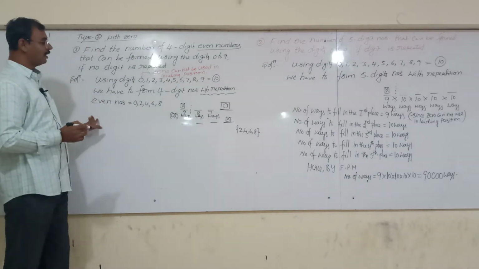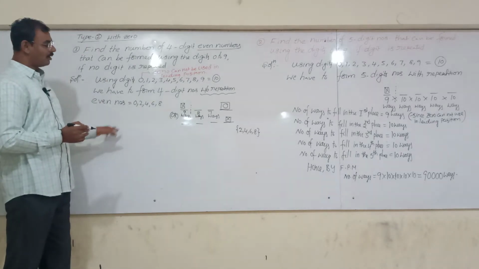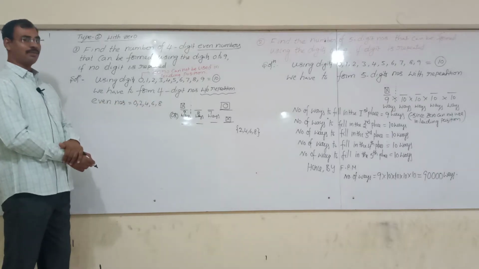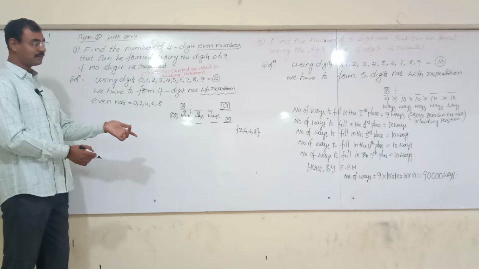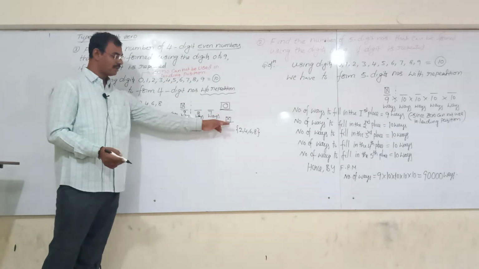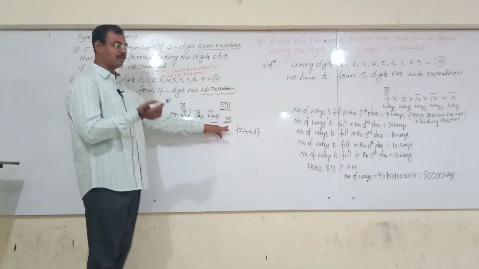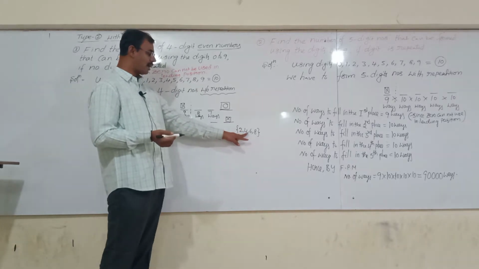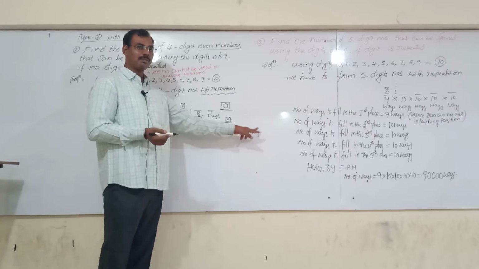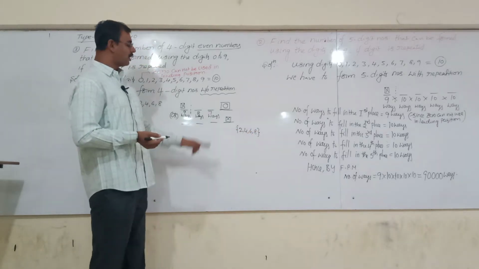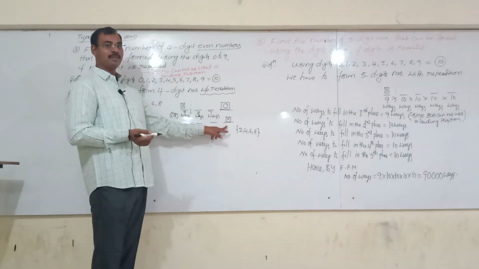If 0 is not in the unit place, if not filled in the unit place, okay, 0 cannot be used here. So which digits are allowed now? Either 2 or 4 or 6 or 8. These 4 even numbers, how many ways could I fill the unit place?